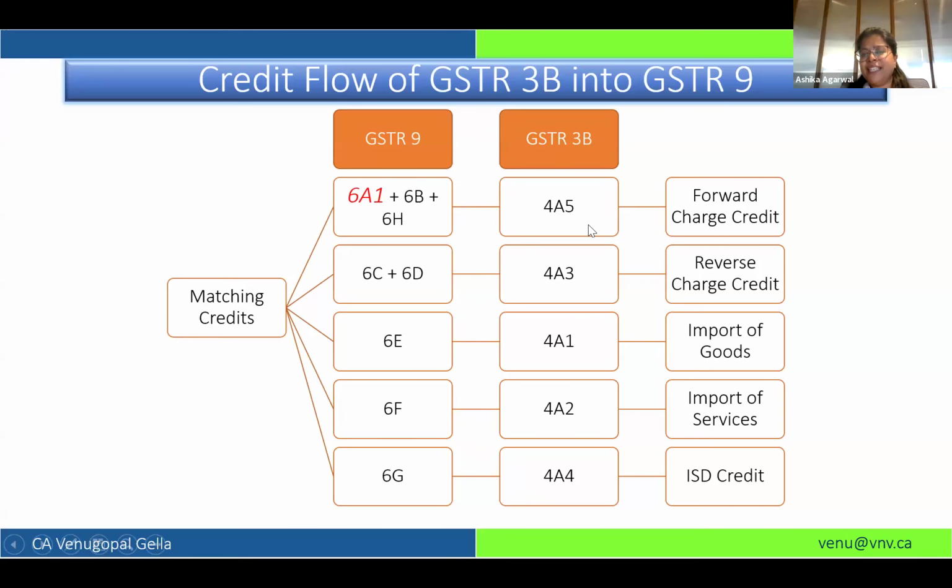So if you have made an error while reporting the classification in 3B, you can correctly report it while filing GSTR 9. In total, ITC will match, only the difference will be in the breakup, which will also show your genuineness. If anything happened, you can easily show that you have rectified it while filing GSTR 9.